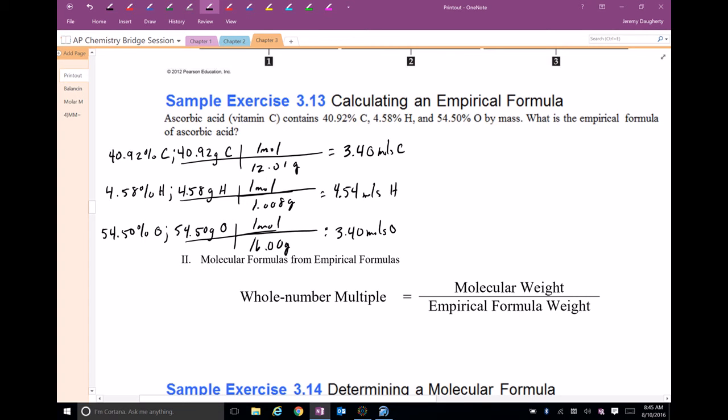So if I had 100 grams of this substance, that's how many moles of each element I would have. But what I want to know is the ratio, so I'm going to divide through by the smallest, which happens to be 3.4.